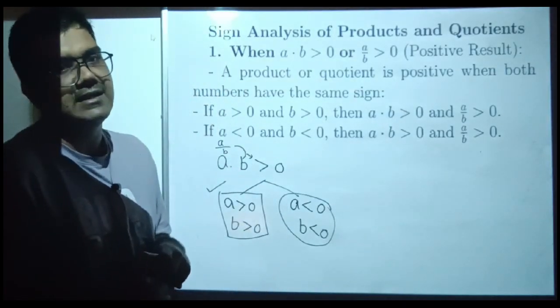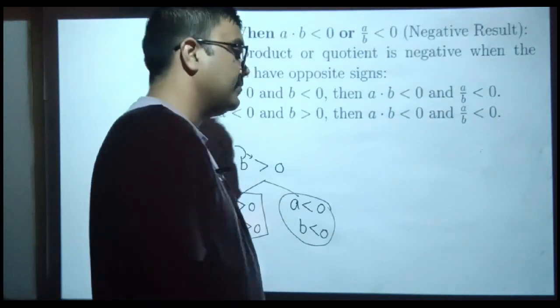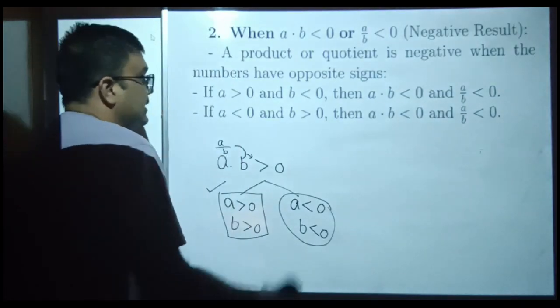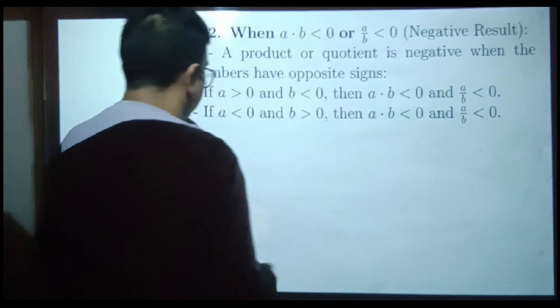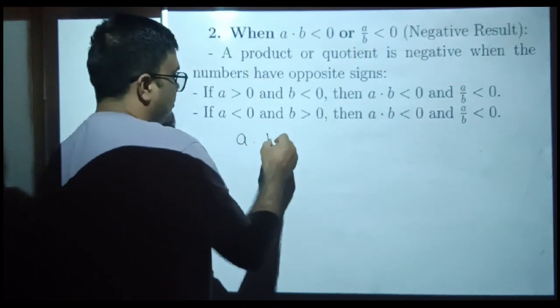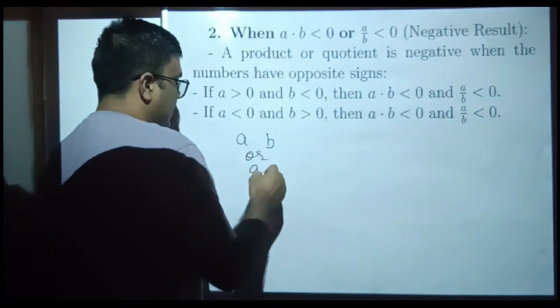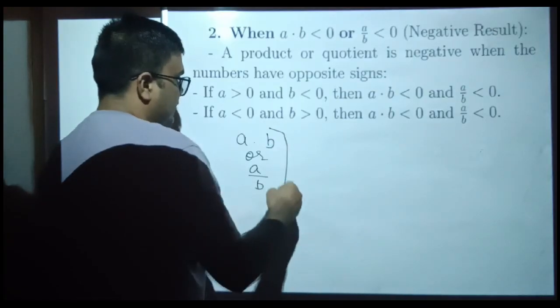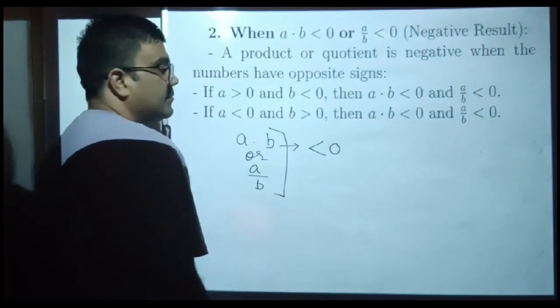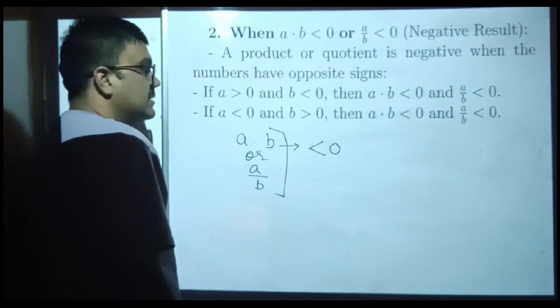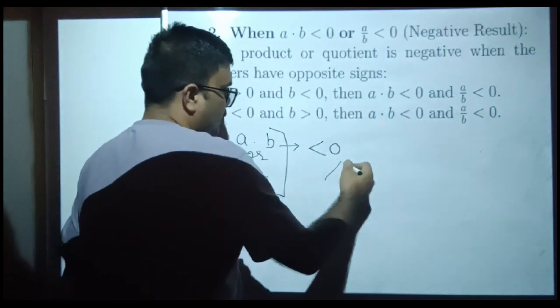Similarly, if the product is negative, if we have two numbers A and B, and we are talking about A into B or A by B, and this value is less than 0, then what are the possible cases? There are two possible cases.